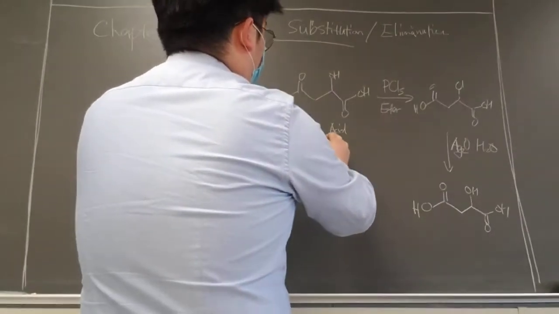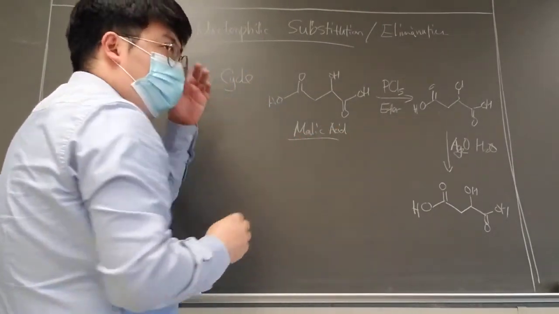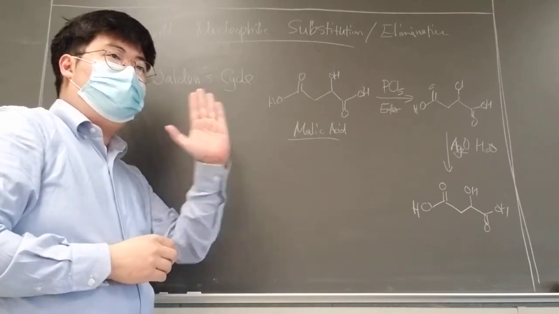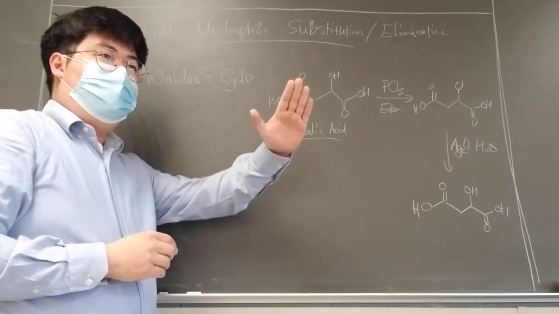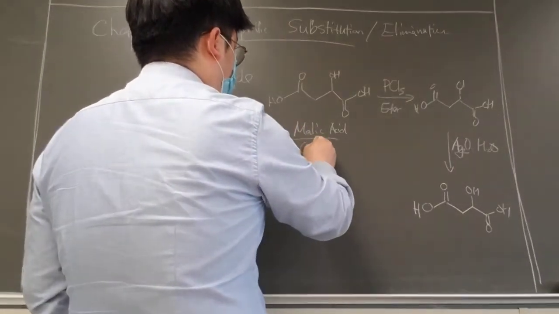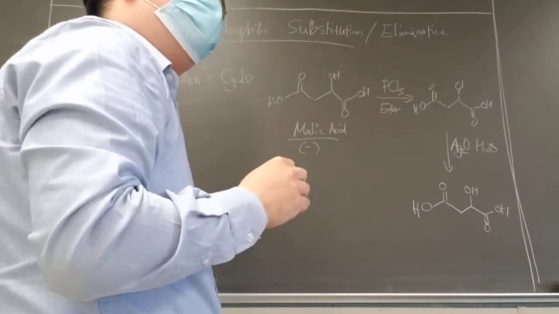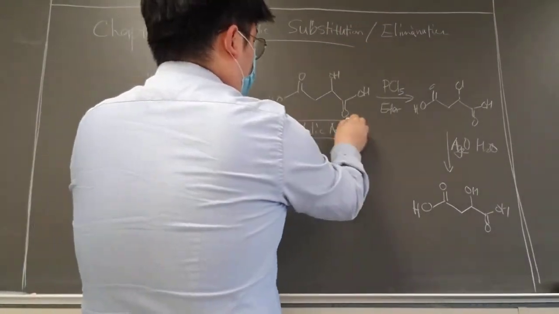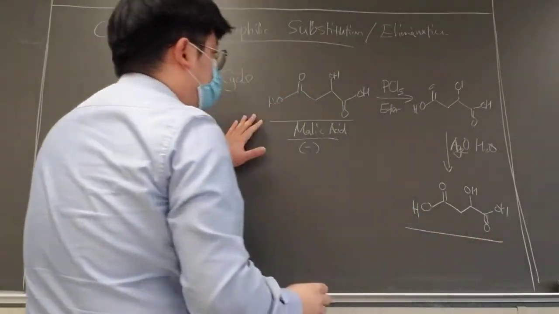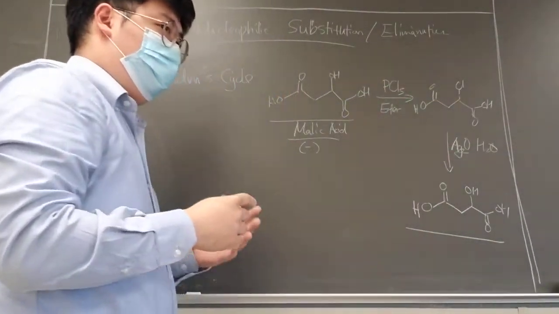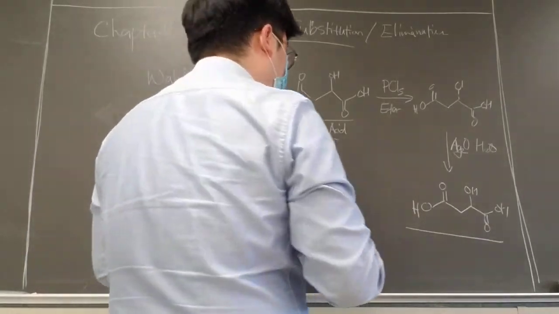But you still remember the optical property, right? When you shoot polarized light at the sample, they may rotate the polarized light. This one was negative, which is levorotatory, so it rotates counterclockwise. These look almost the same, because we did the same halogenation and put the hydroxyl group back with hydroxylation.